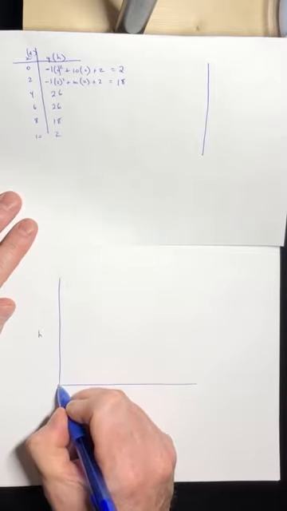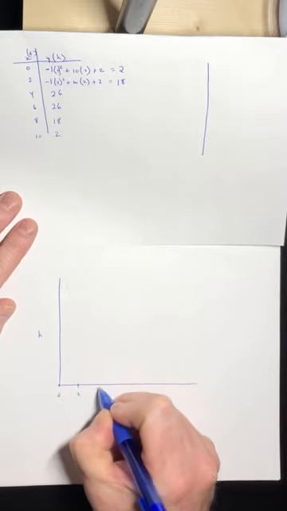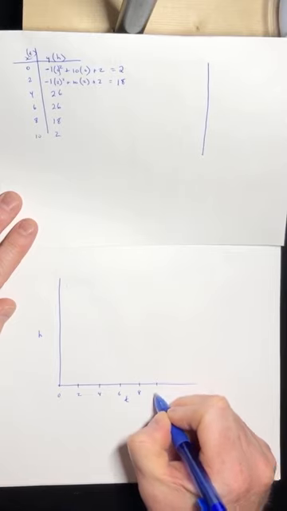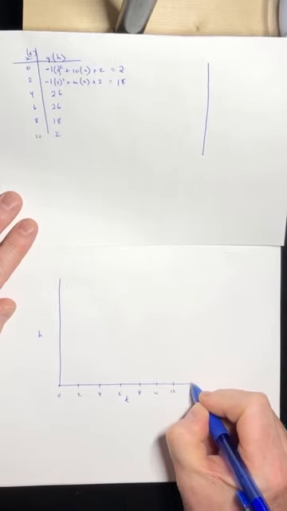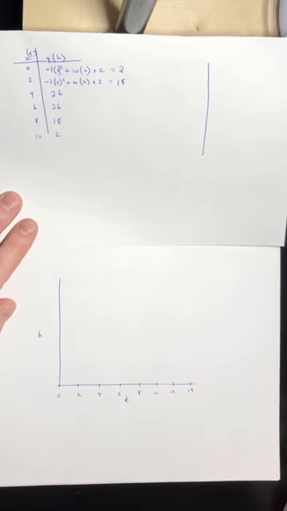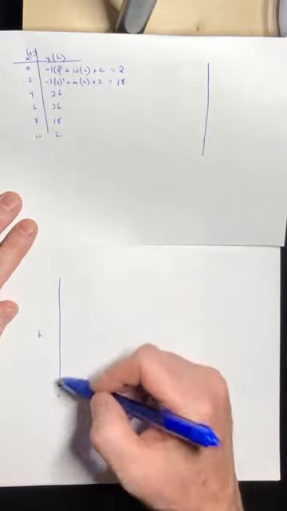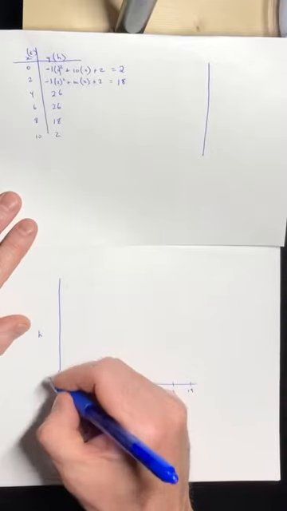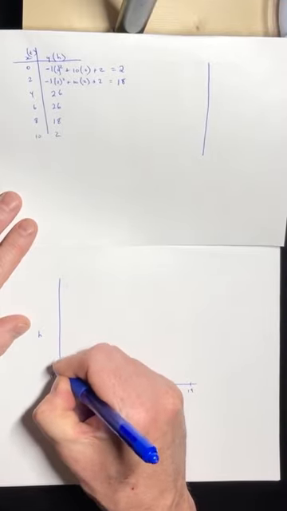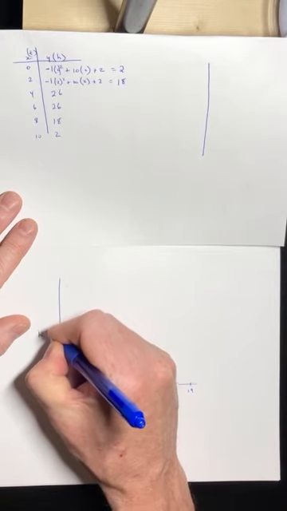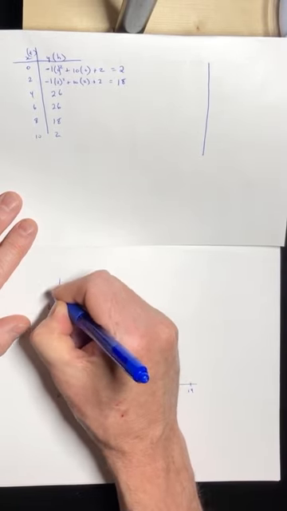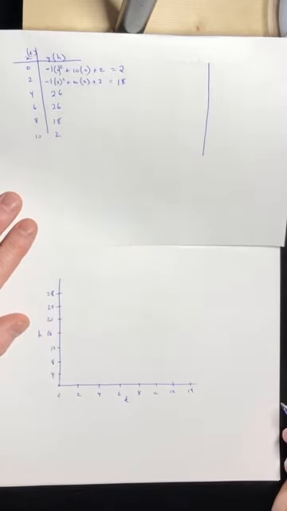And so 0, 2, 4, 6, 8, 10, 12. So there's 14 seconds. And you can do these, make sure you do equal spacing, equal intervals. So I don't know, 4, 8, 12, 16, 20, 24, 28.